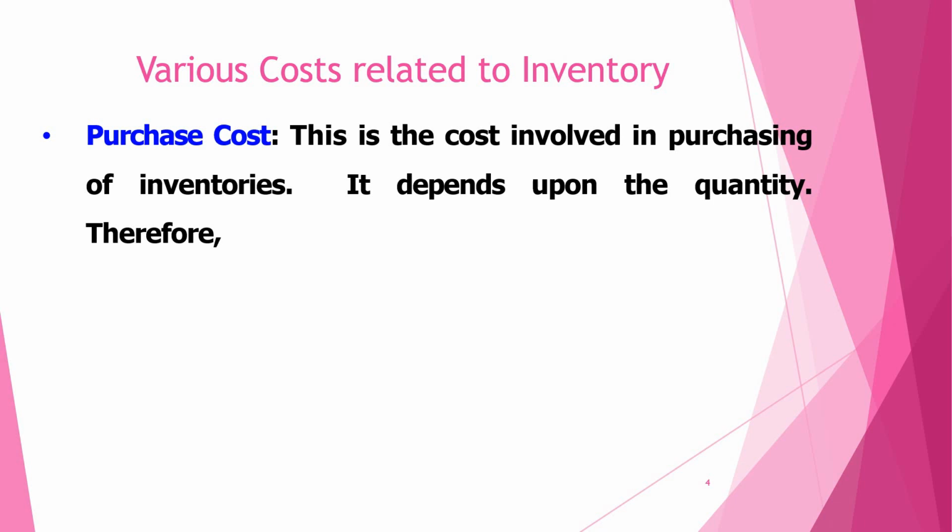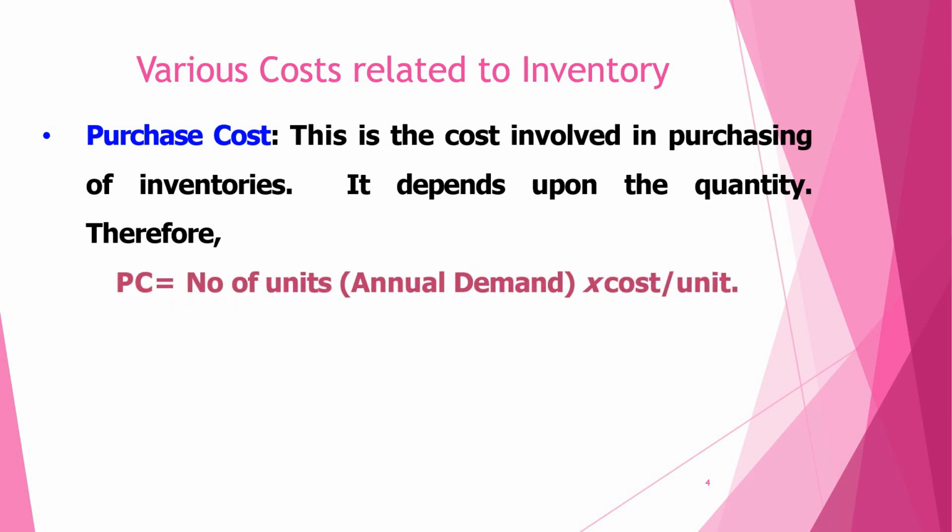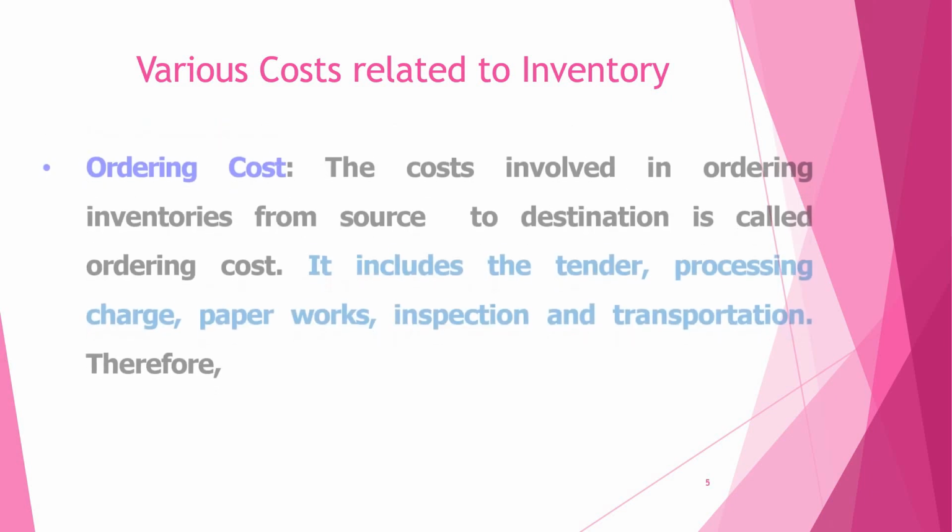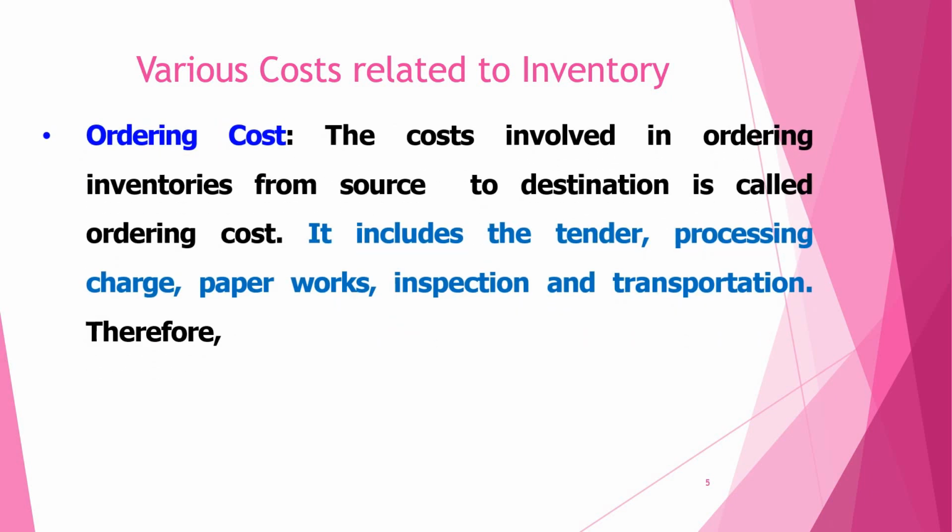First and foremost is purchase cost. This is the cost involved in purchasing inventories. It depends upon the quantity. Therefore, total purchase cost can be computed as the number of units, or annual demand, times the cost per unit. Next cost is ordering cost.